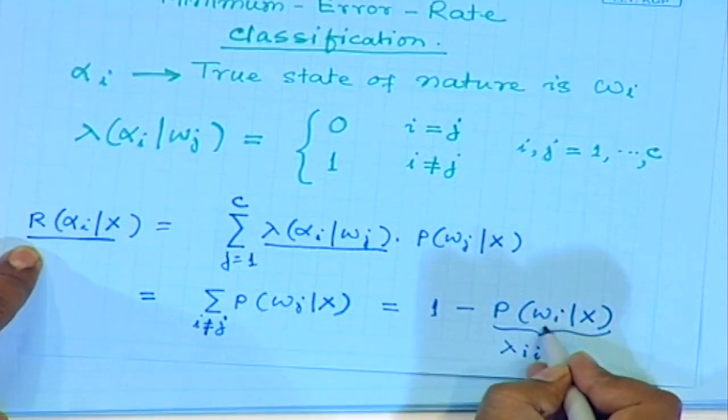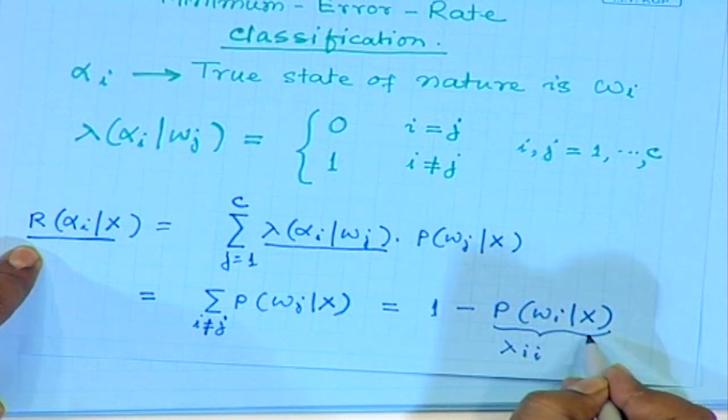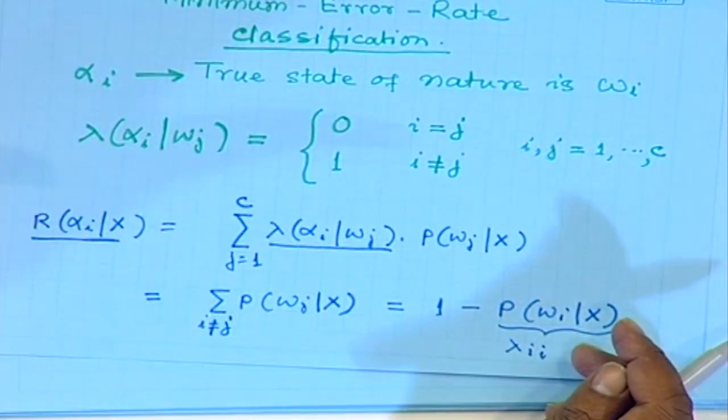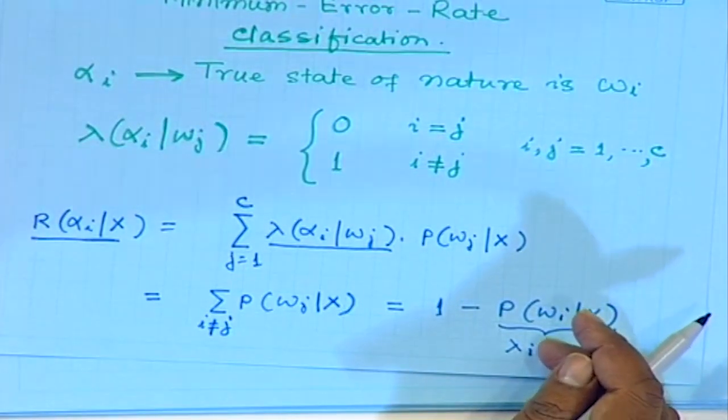For every class omega i, I have to compute this P of omega i given x. Then whichever function gives me either maximum or minimum, I take that particular action or decide in favor of that particular class.